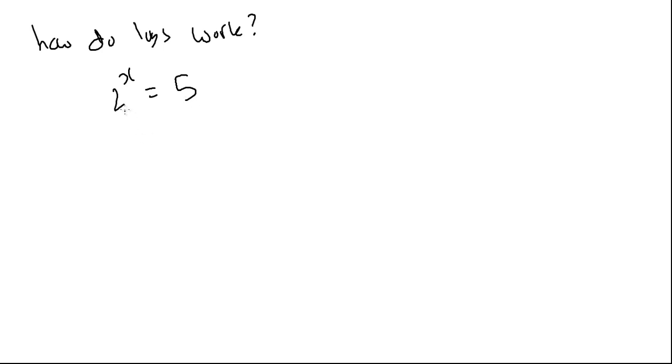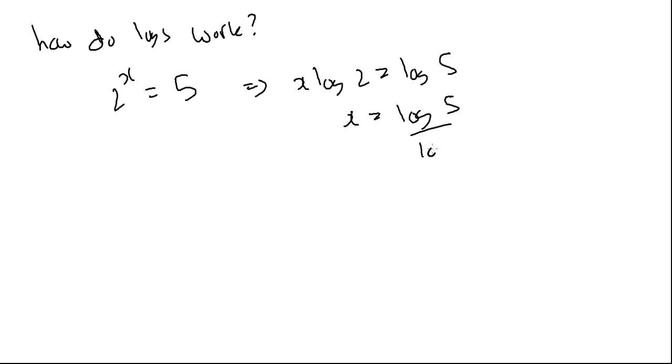So you have 2 to the power of x is equal to 5, and you want to know what is x. So the way you do it is you take the log of both sides. So you get x log 2 is equal to log 5. So x is equal to log 5 over log 2.